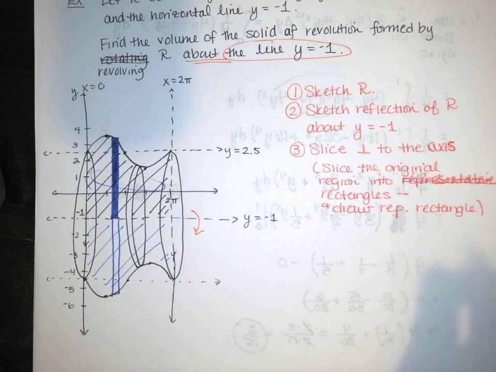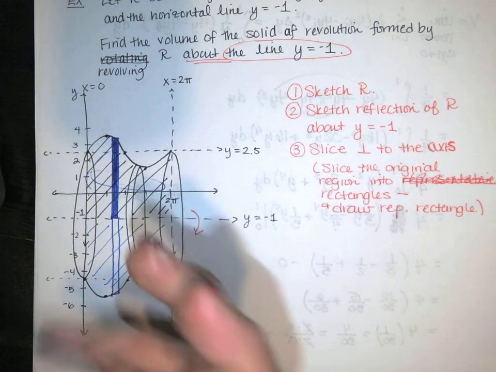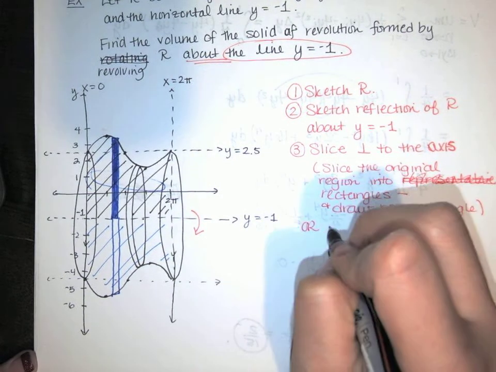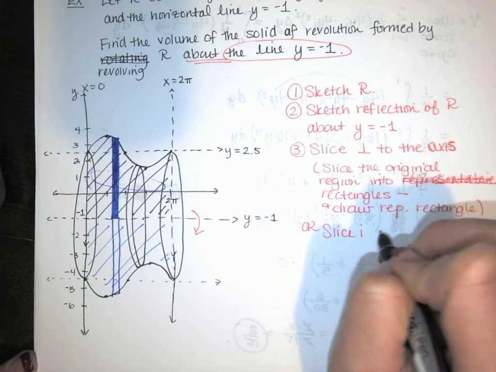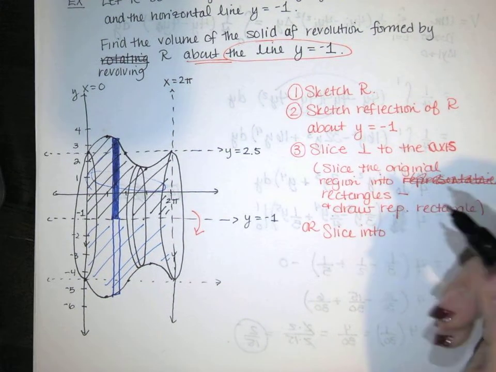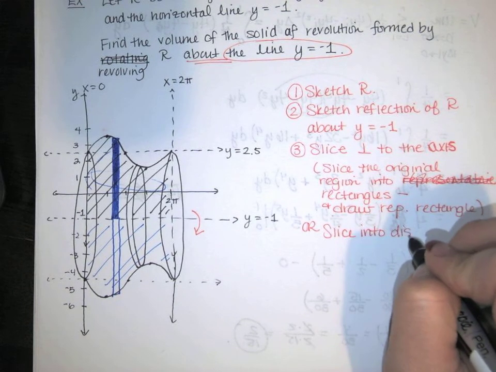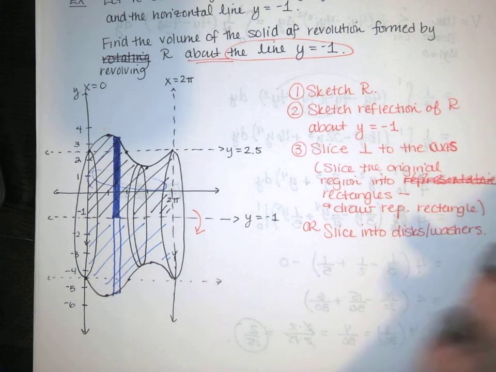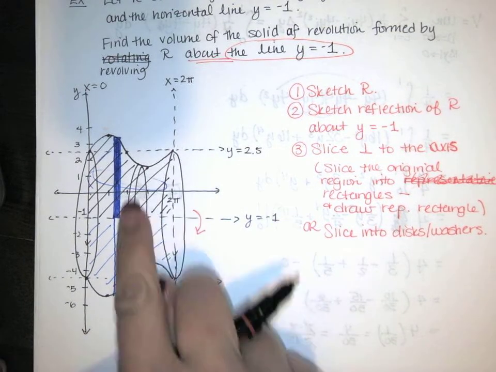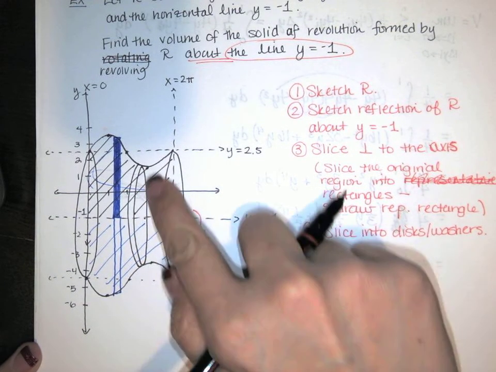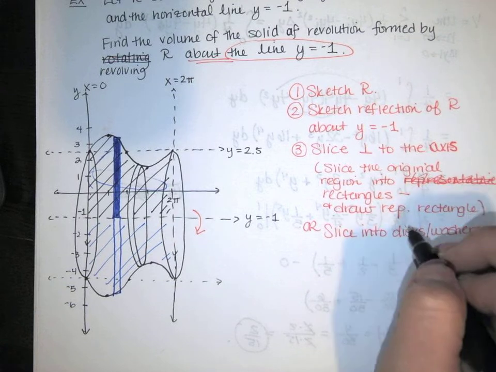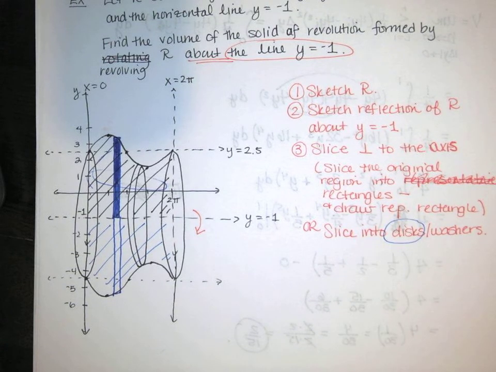So that's one option. Or you can actually slice it into things that look like discs or washers. Now, since there was no gap in between that axis and my region, that's one solid piece. I've got discs. So notice this time we have discs.